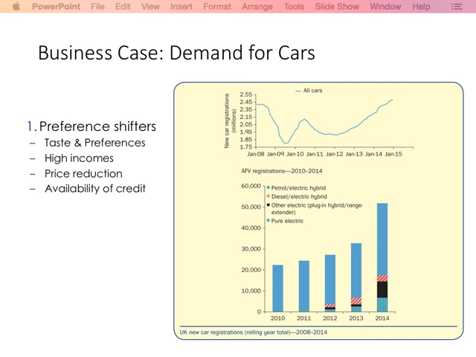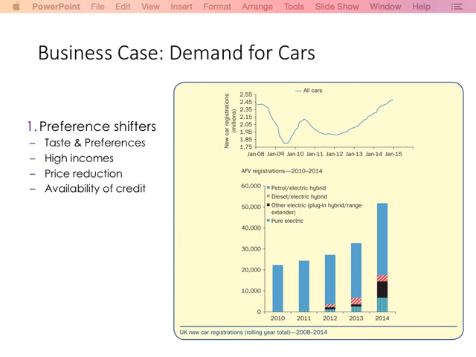This is registrations basically, and there's a huge increase, not in petrol and hybrid cars, but from other types of cars. The reason is that after 2010, I think the government started providing subsidies and incentives to buyers of electric or environmentally friendly cars.